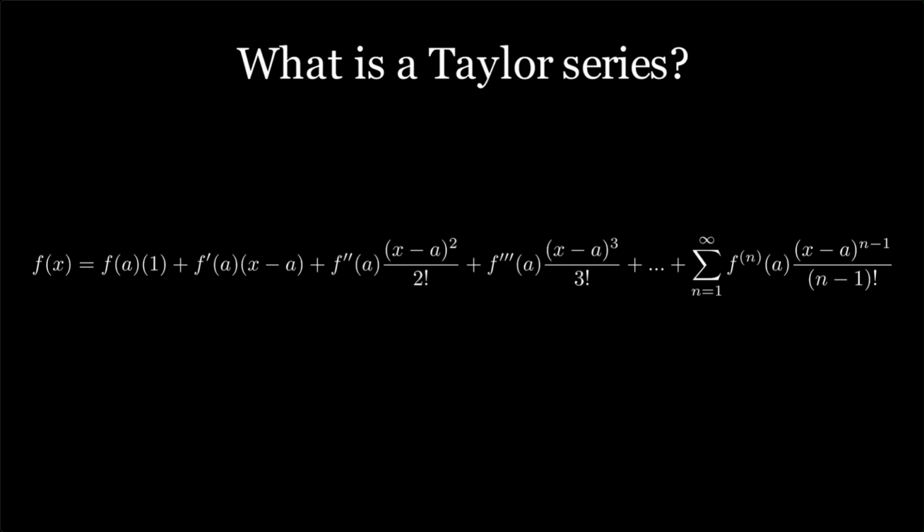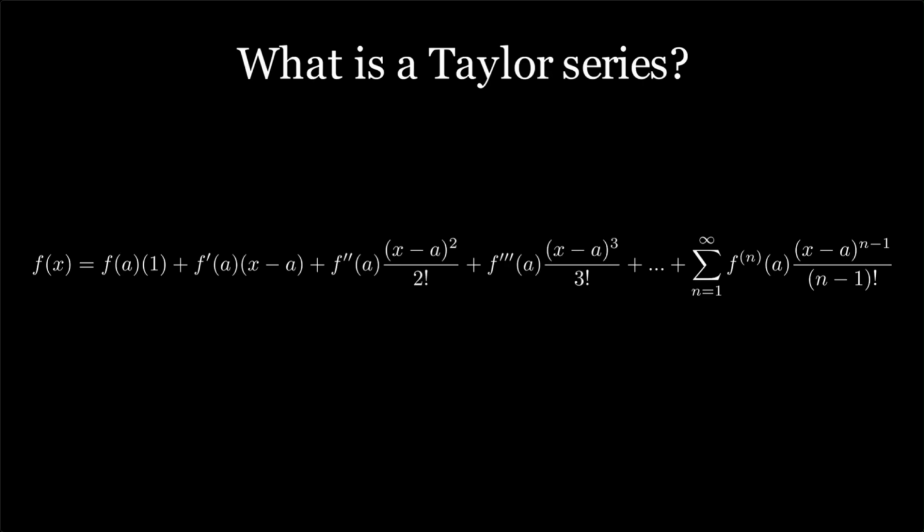So in our example, f of x centered at the point a is equal to f of a multiplied by 1, plus f prime of a multiplied by x minus a, plus f double prime of a multiplied by x minus a squared over 2 factorial.